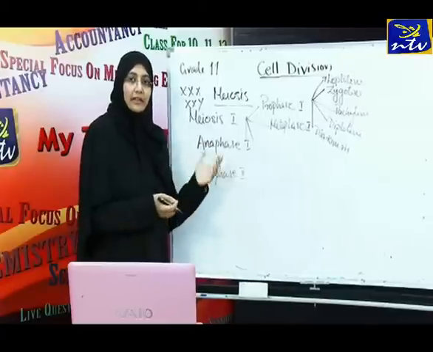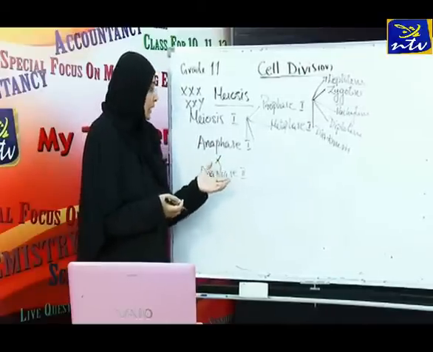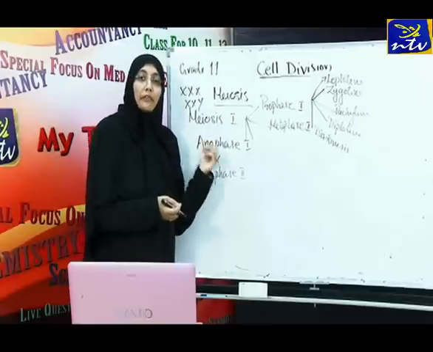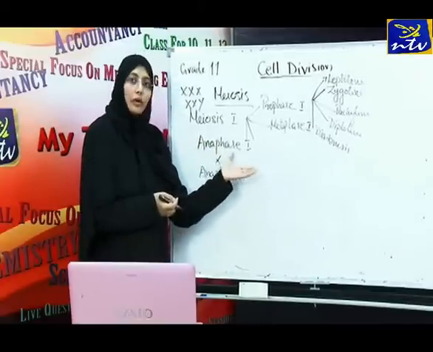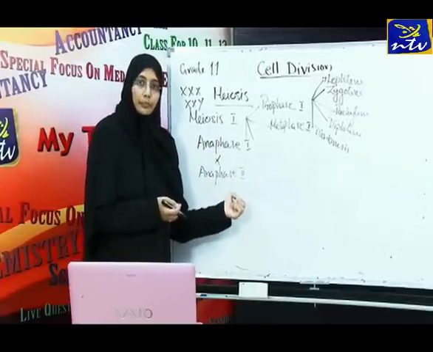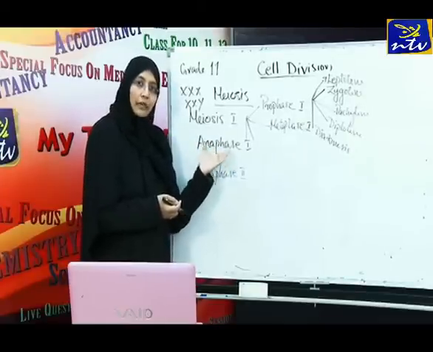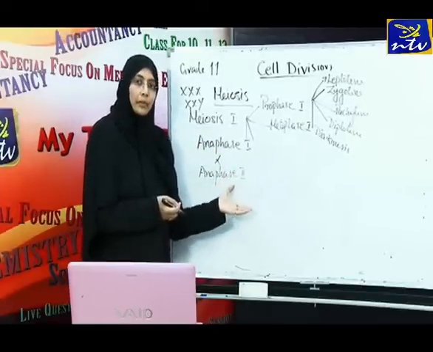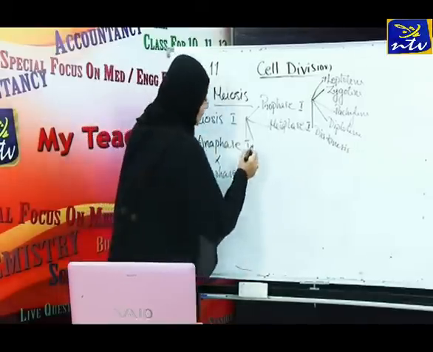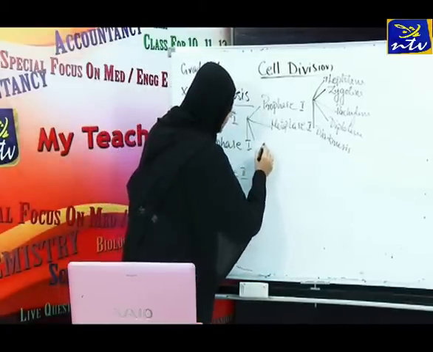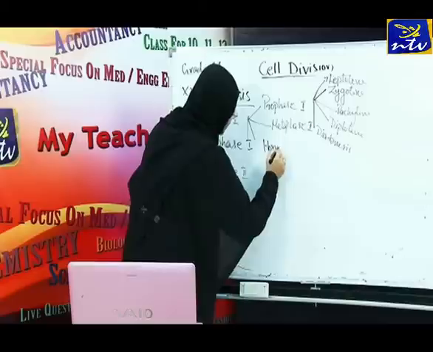You can send us the answer as SMS or you can call us and tell me the main difference between anaphase 1 and anaphase 2. Anybody? The difference is, in anaphase 1, homologous chromosomes are separated.